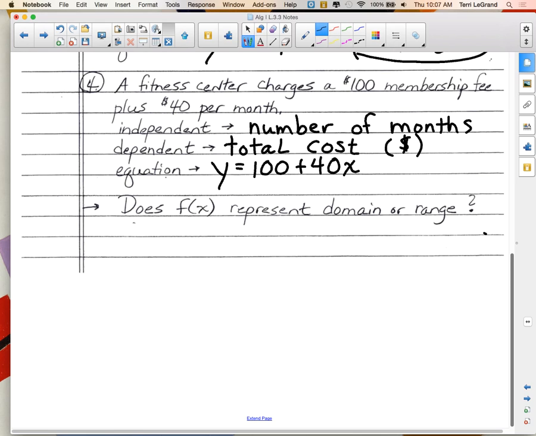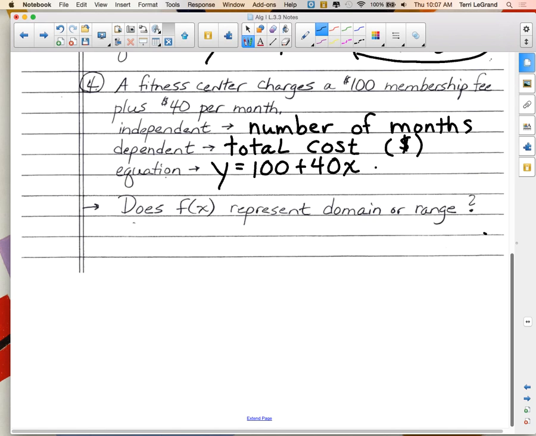What's another way we could write the function rule? Do we have to write it 100 plus 40x? Macy? y equals 40x plus 100. Yeah, that would work also, wouldn't it? What we have to make sure is we have that plus 100 because that's the one-time membership fee, right? And then we have to add to that how much it's going to cost us according to how many months we do it. And so this would be our equation.